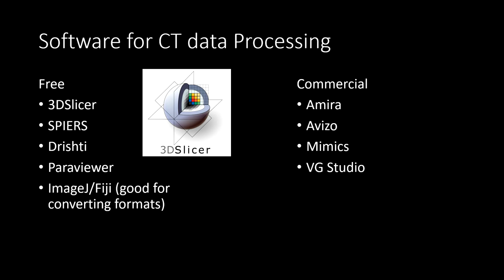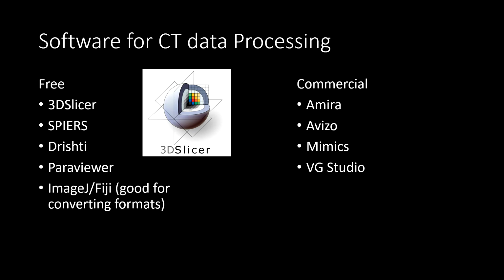ParaView is a very broad 3D data viewing and processing application, and as far as I've looked into it, it seems like the learning curve is quite steep, so unless you have much more complex analyses going on, I would not recommend starting off with it.